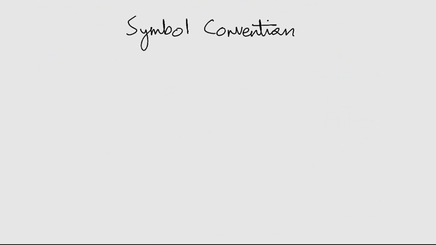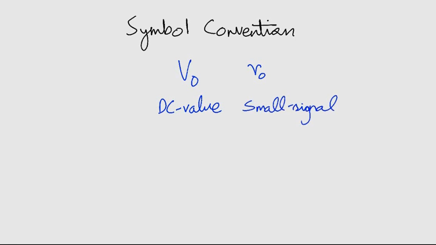You might have been overwhelmed by the different symbols that we used in this video. So here's a little primer on the symbol convention that we are going to be using in this module and the rest of the course. This value read as capital V subscript capital O is the DC value. This one to the right is small v subscript small o, and this is the small signal AC value.